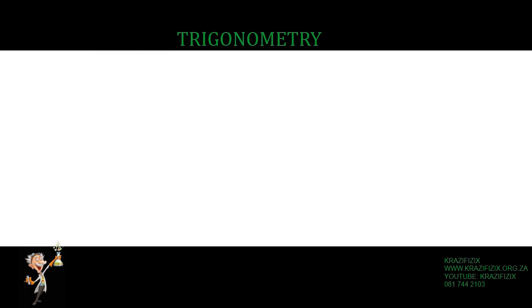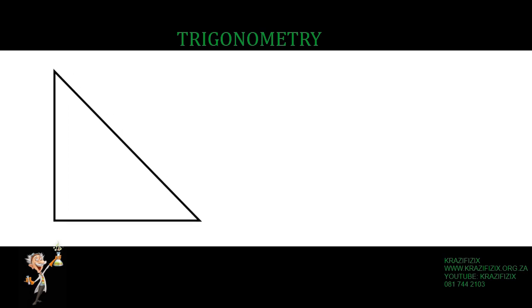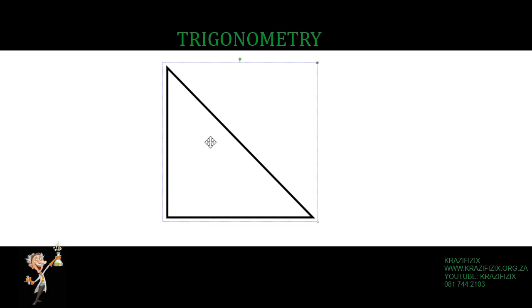Okay, let's look at a triangle now quickly. We are going to draw a simple right-angled triangle. Alright, now we have a very simple right-angled triangle. And from our basic knowledge of right-angled triangles, we do know that this angle is 90 degrees.